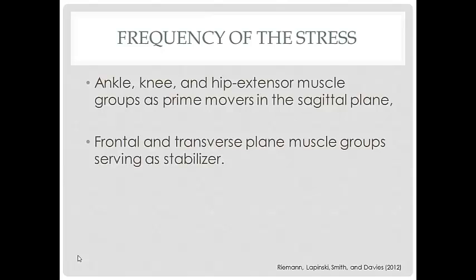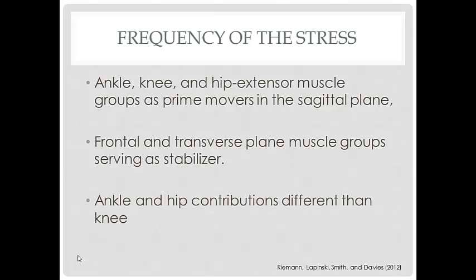The results show that anterior lunge is a hip-dominant exercise and that increasing the external load during the exercise increased the ankle and the hip contribution, but didn't have the same effect on the knee. To recognize the frequency of stress in each tissue will help to prescribe the right amount of exercise.